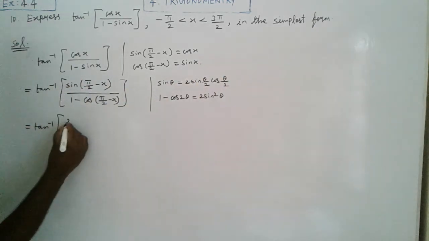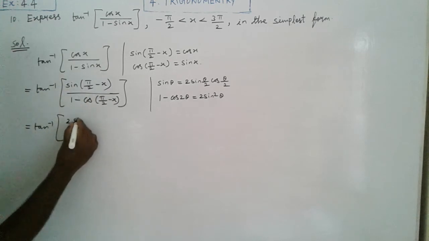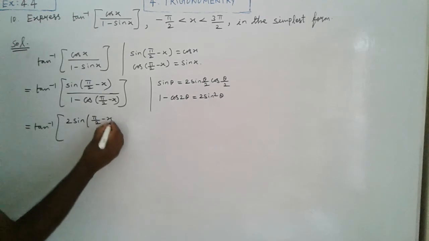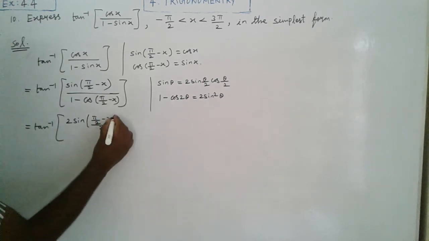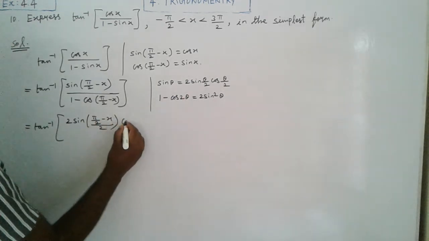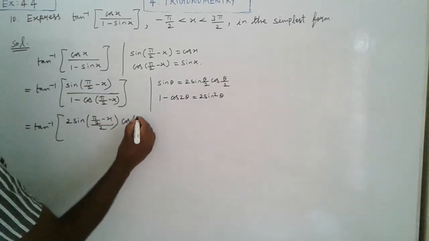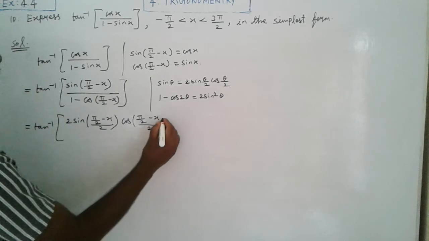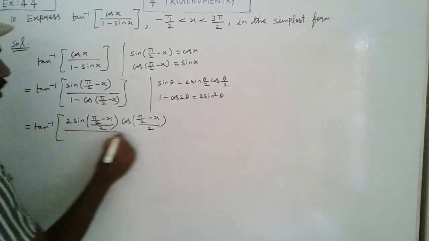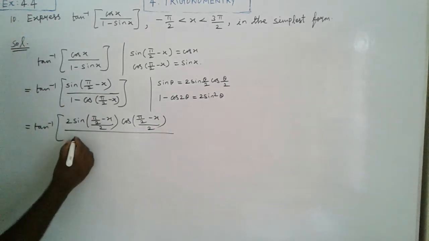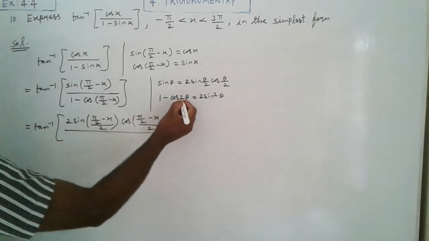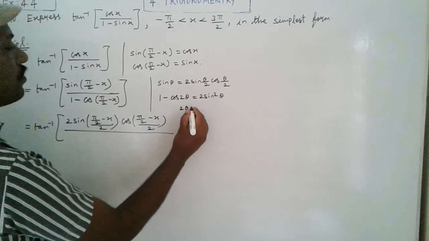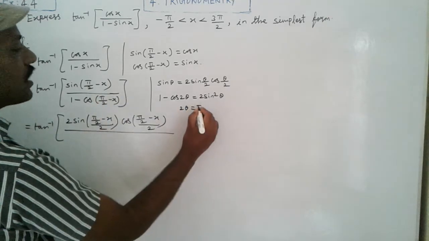So 2 sin of (pi by 2 minus x) divided by 2, cos of (pi by 2 minus x) divided by 2, divided by 1 minus cos 2 theta. So 2 theta is pi by 2 minus x.